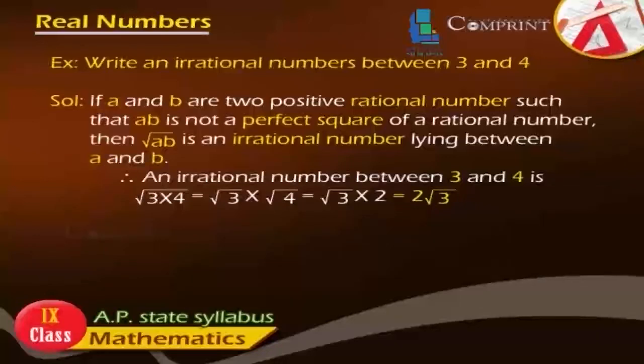Therefore, an irrational number between 3 and 4 is √(3×4) = √3 × √4. Since √4 is equal to 2, this equals 2√3.